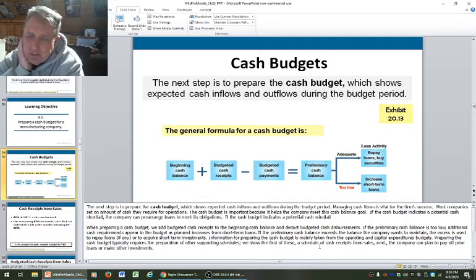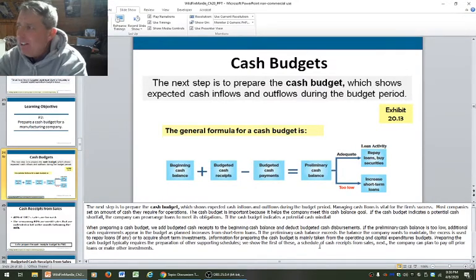So when preparing a cash budget, we add budgeted cash receipts to the beginning cash balance and deduct budgeted cash disbursements. I always think of it like, did I have to reach in my pocket or not? Is it cash or not? If it's not cash, things like depreciation have to be added back in. But we'll go over that.